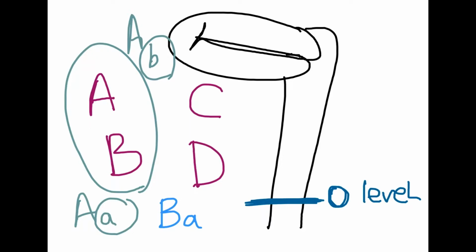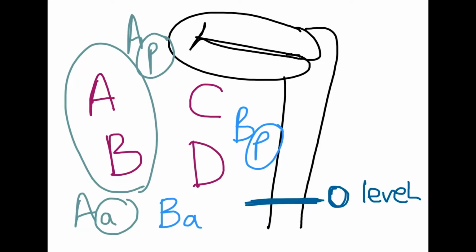Sorry, it should be P. And if we speak about B sub P, that's point B, which is on the posterior vaginal wall. But they are the same, like A anterior is the same as A posterior, B anterior is the same as B posterior. Okay?